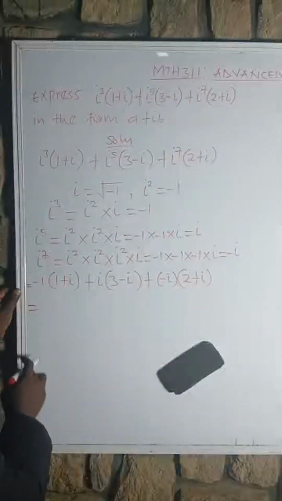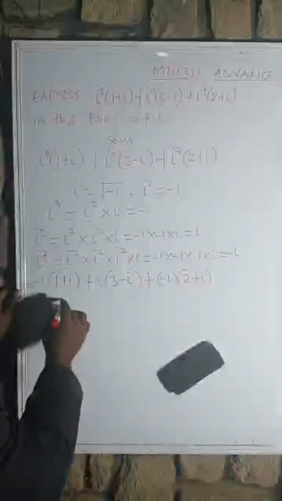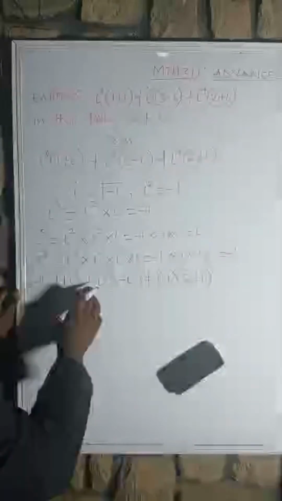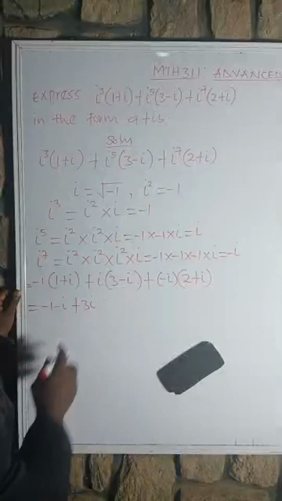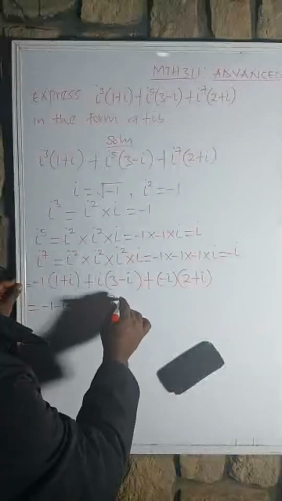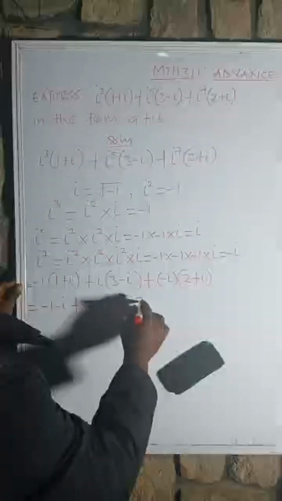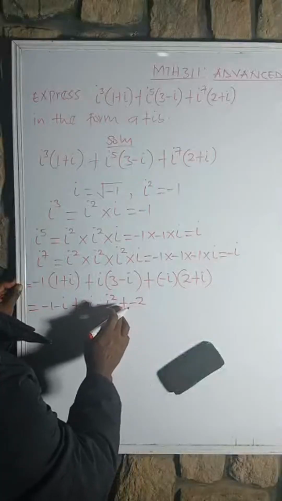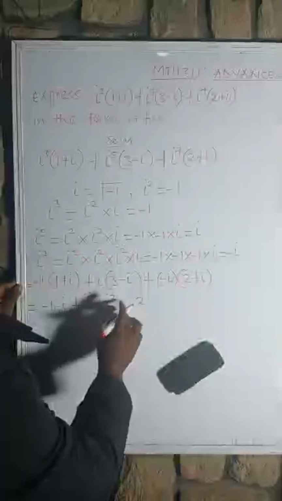Minus 1 times 1 is minus 1. Minus 1 times I is minus I. Then plus I times 3 is 3I. I times minus I is minus I squared. Plus minus I times 2 is minus 2I.